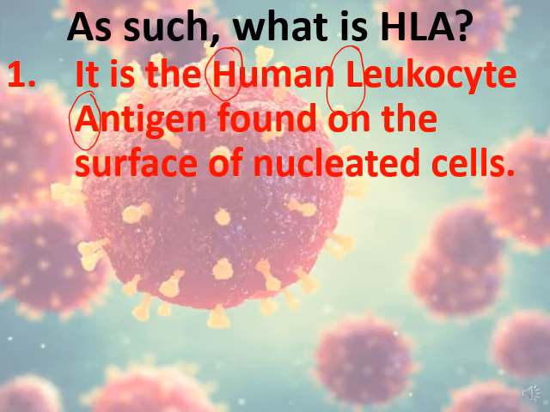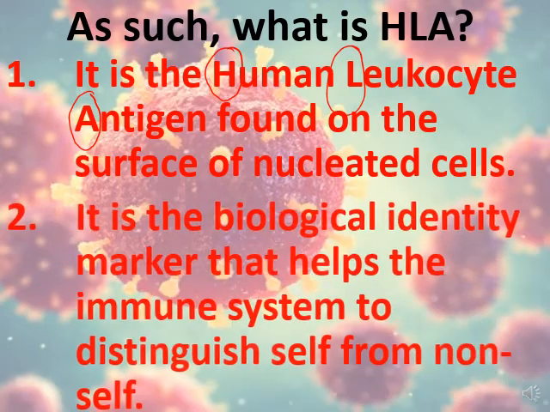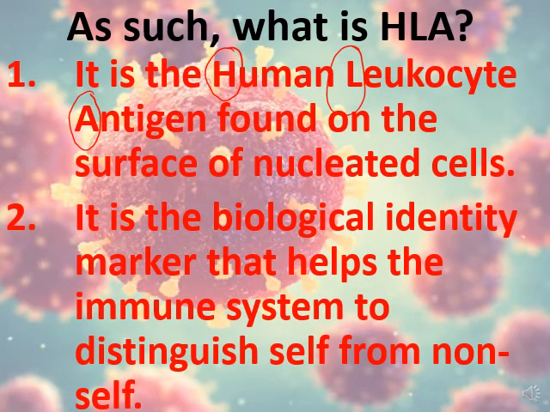What is the role of HLA? Why do we have to have HLA? HLA is the biological identity marker that helps the immune system to distinguish self from non-self. Let's say, for example, we have football clubs, Real Madrid and Barcelona. Both of them have different logos.